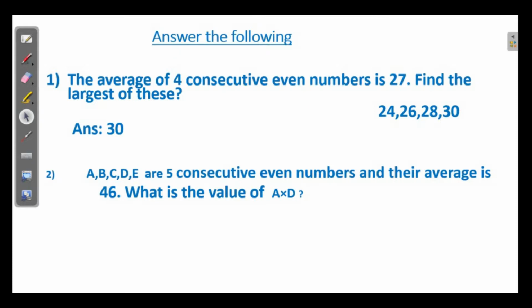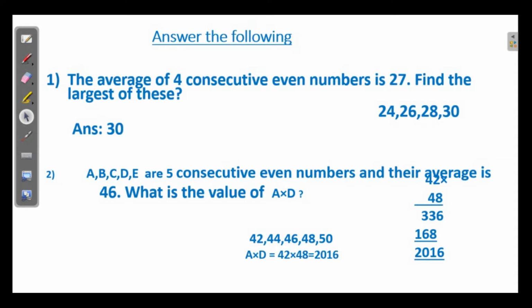What is the value of A into D? 5 consecutive even numbers, so average is 46. 46 is the middle number and the other numbers are 42, 44, 48 and 50. What is the value of A into D? 42 into 48 is equal to 2016. So, the answer is 2016.